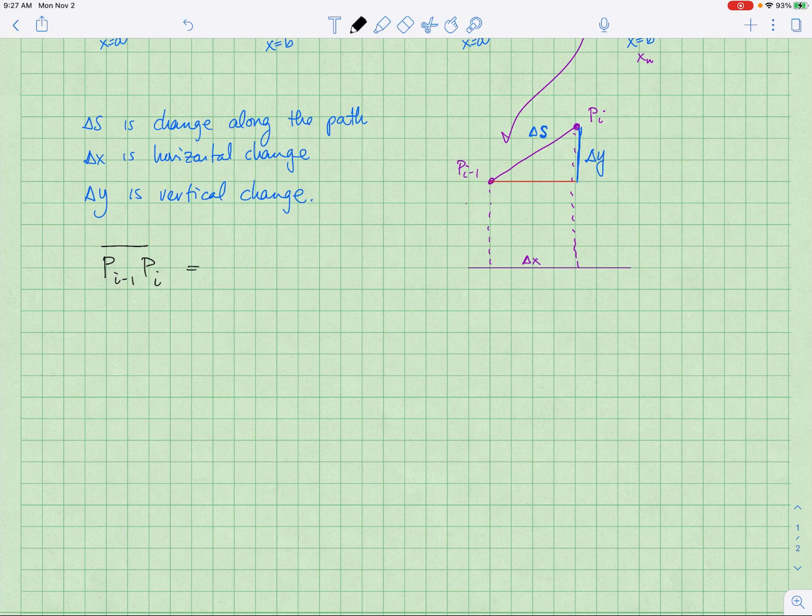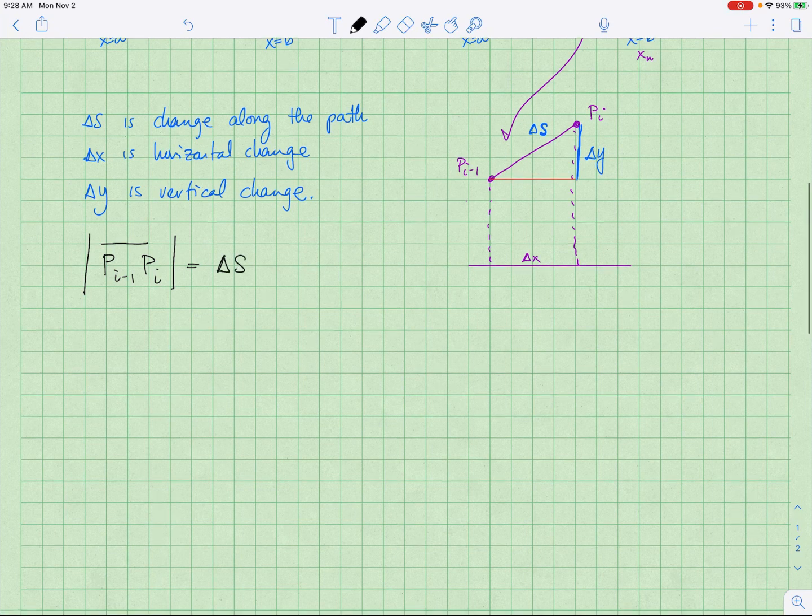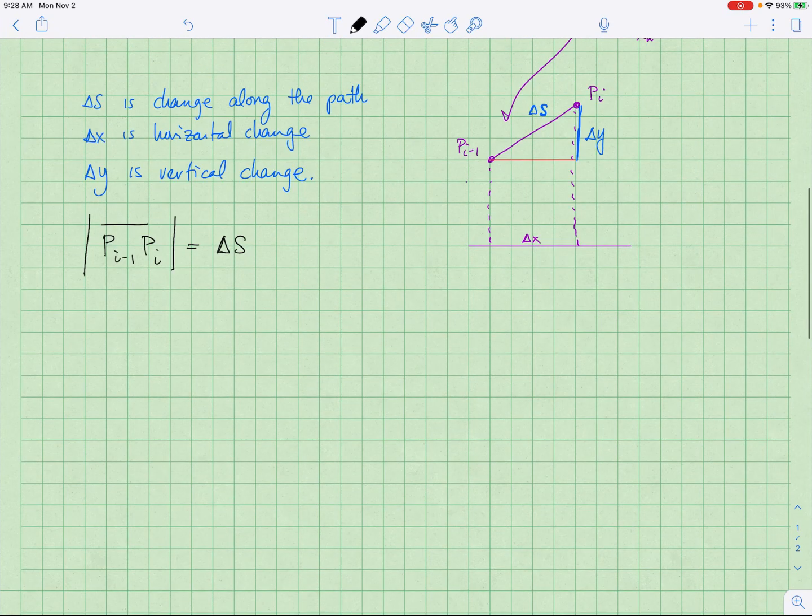Or the length of that segment is the magnitude of that segment, or the absolute value, or its length, is delta s. Don't worry too much about this notation if it's freaking you out. I just want to find the length of delta s. And according to this little diagram, since this is a right triangle, it looks like delta x squared plus delta y squared is equal to delta s squared by Pythagorean theorem.